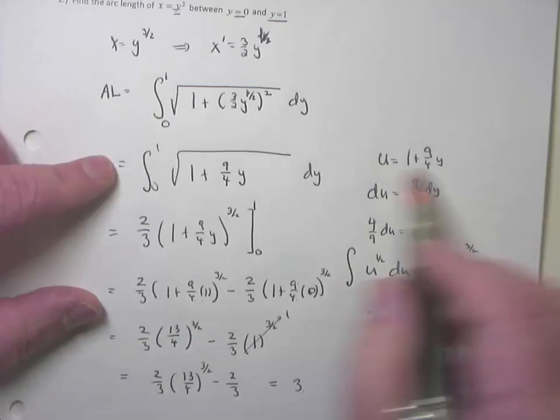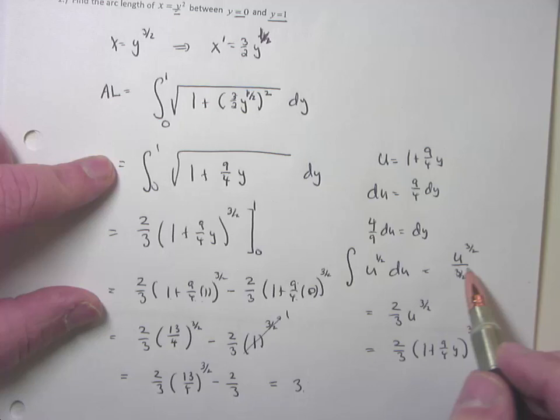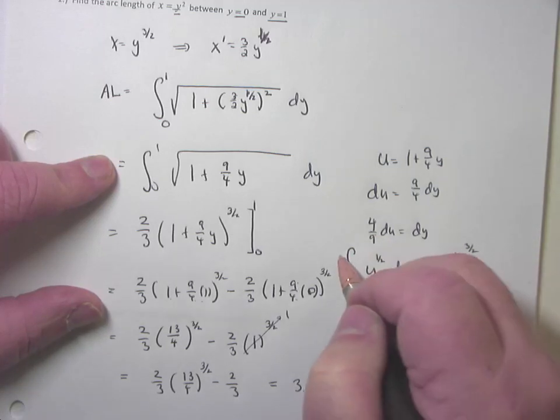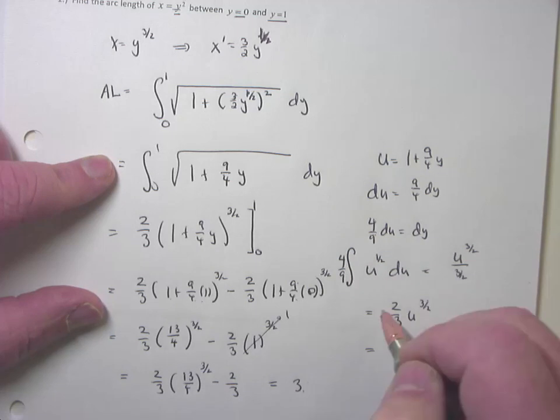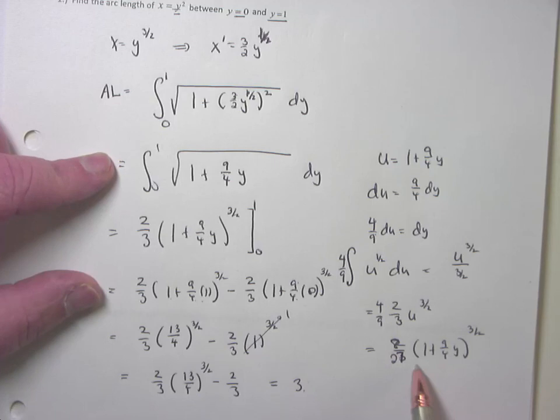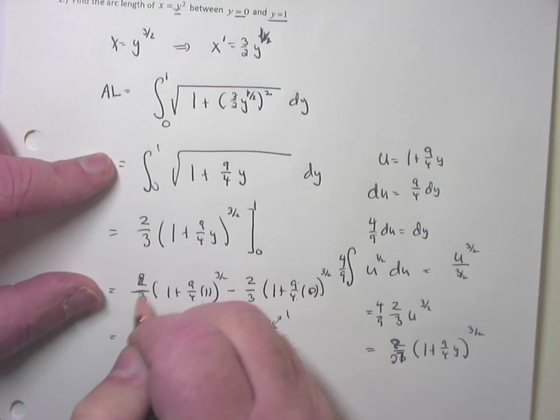U du, this is u, and then 2/3, and I left my constant out front, didn't I? I forgot my constant, 4/9. Oh, this will be times 4/9, and 4/9 times 2/3 makes it 8/27, and that will be my constant. So when I integrate, this will be 8/27. This was my fault.